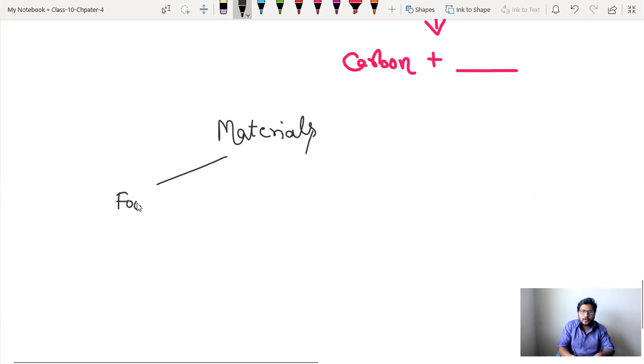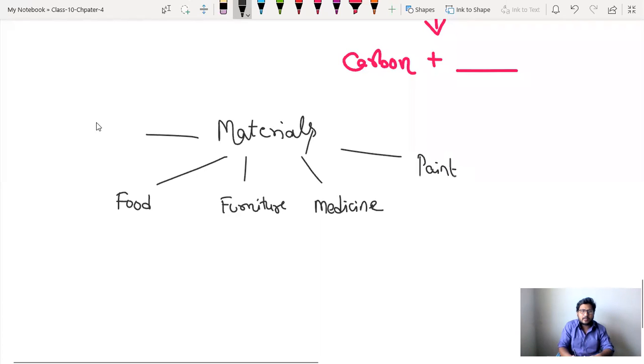You can find food materials, furniture, medicine, stationery items, juice, paints, whatever it may be. You can find wood, right? You have a pen in your hand, you might have a book, a mobile in your hand, a laptop in front of you.